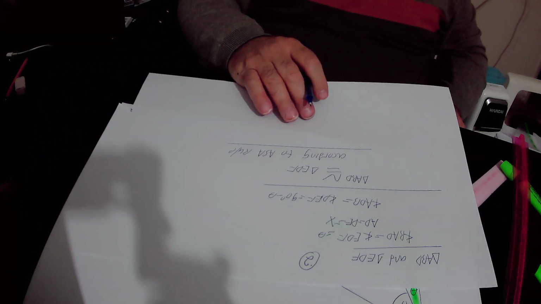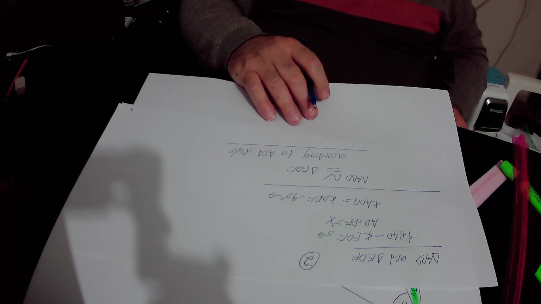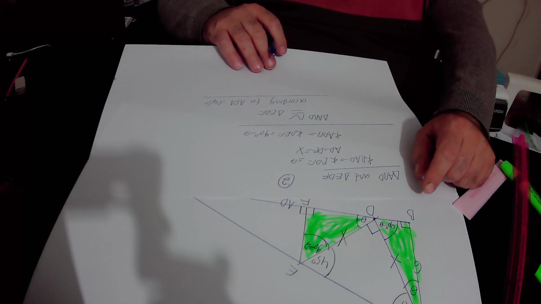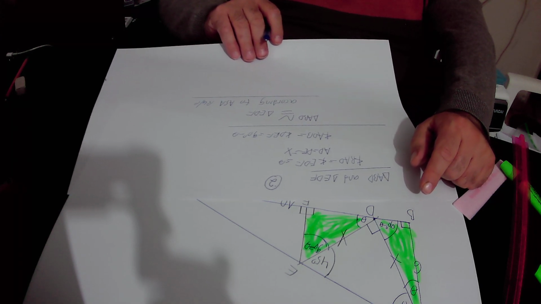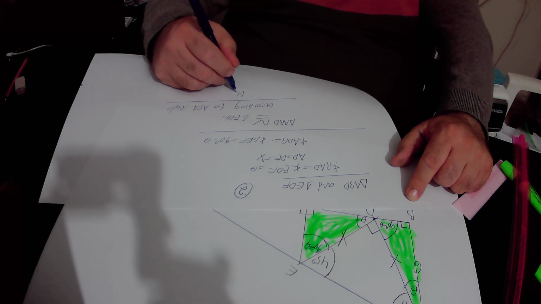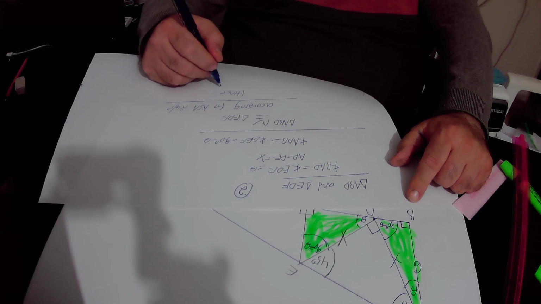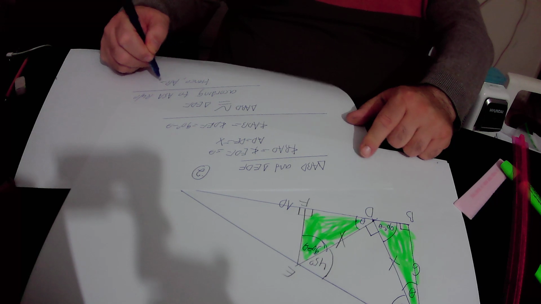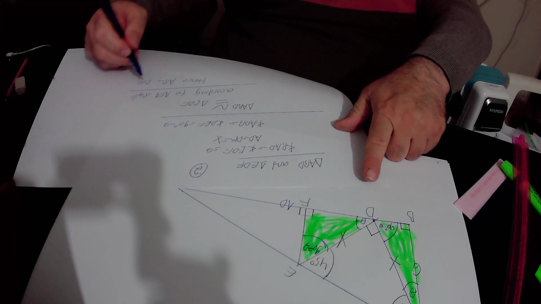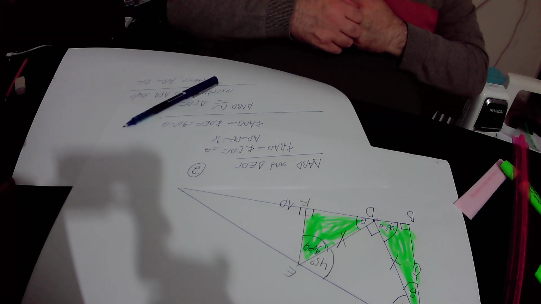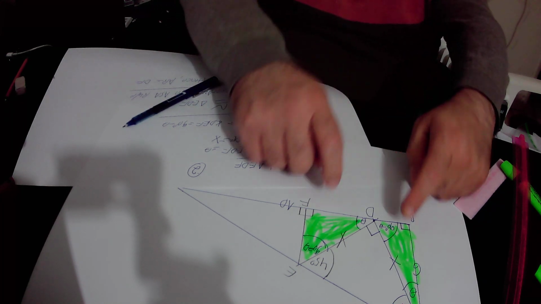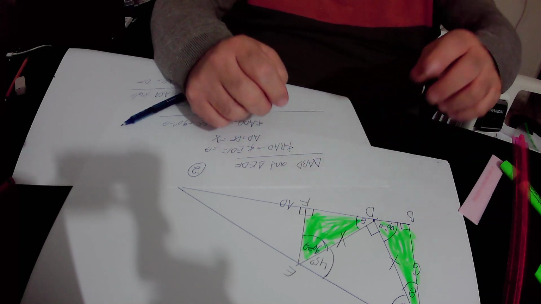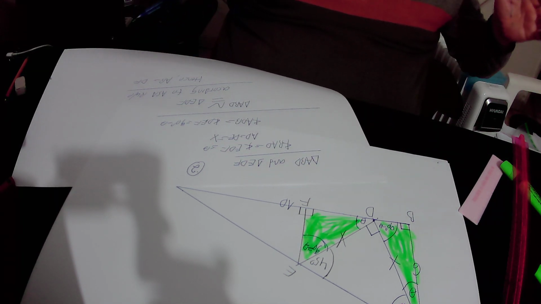So we proved that triangle ABD is congruent to triangle EDF according to the angle side angle rule, and from the fact that those two triangles are congruent, we conclude that AB is equal to DF according to the rule that corresponding sides in congruent triangles are equal to each other.